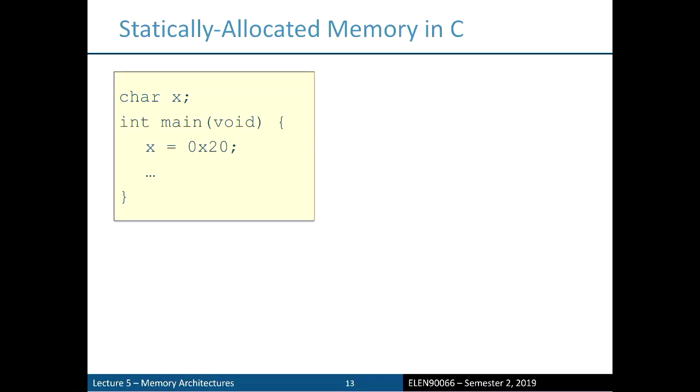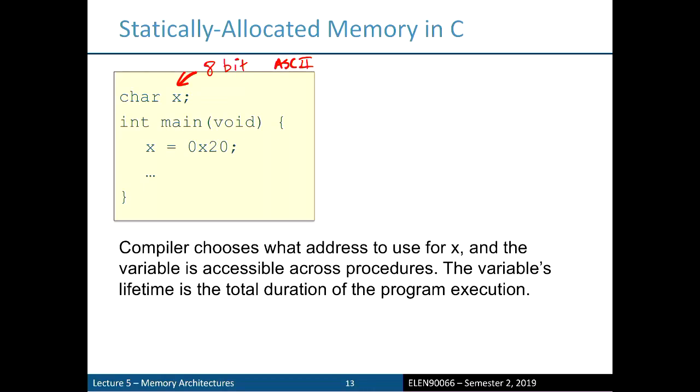So if you remember how chars work, this is basically an 8-bit quantity. ASCII. So it's an ASCII character, so it will use 8 bits. It might be padded with a 0 or something, but it's an 8-bit quantity. So it needs 8 bits to store that char. So what this little program does is, when the compiler compiles it, it actually chooses statically the address where X lives.